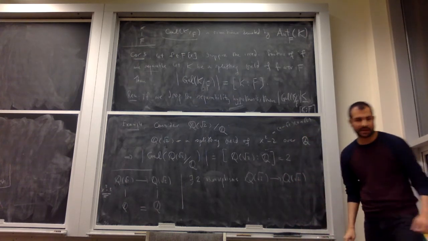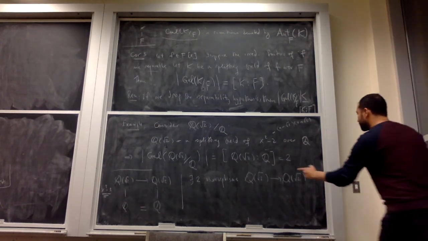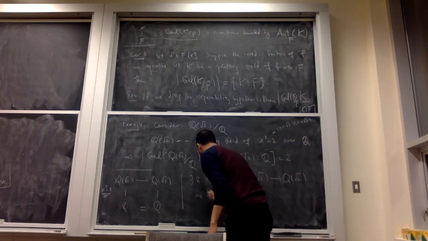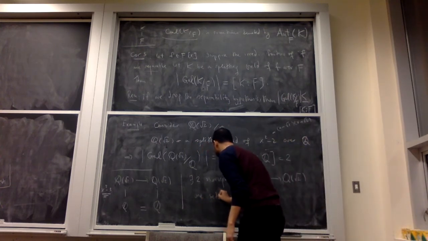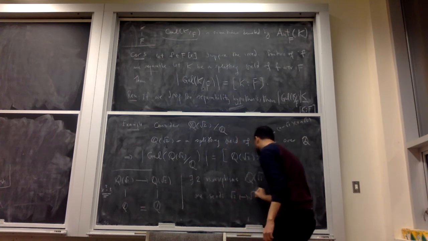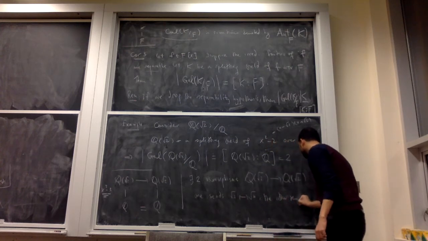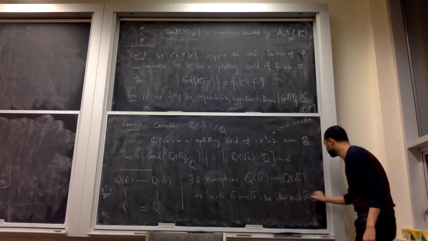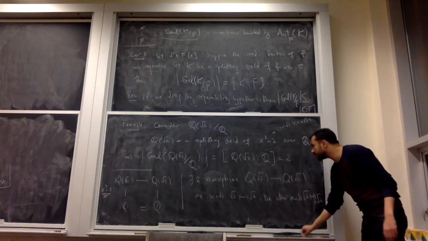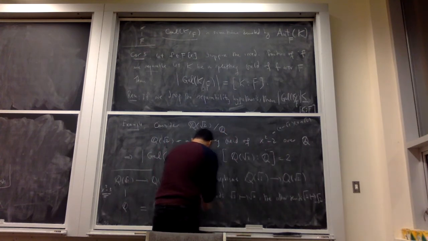But again, that's automatic, so let's not write that down. There are two isomorphisms from Q adjoint root 2 to Q adjoint root 2. One sends root 2 to root 2, and the other sends root 2 to minus root 2. Let's give them two names.